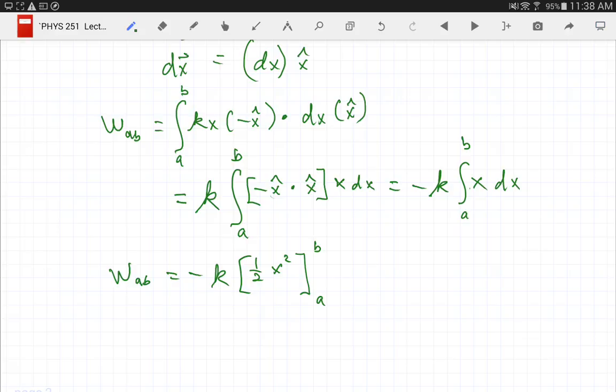And so now when I put in my limits, I would have this. So here is the work done by the spring when I move from point A to point B, from XA to XB.